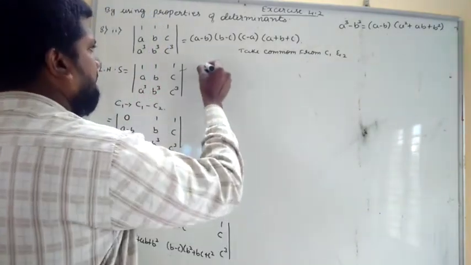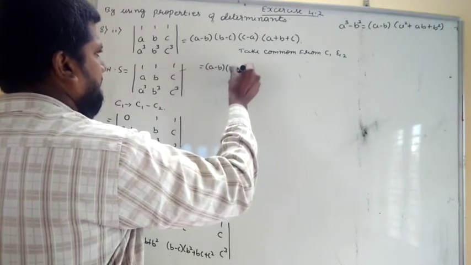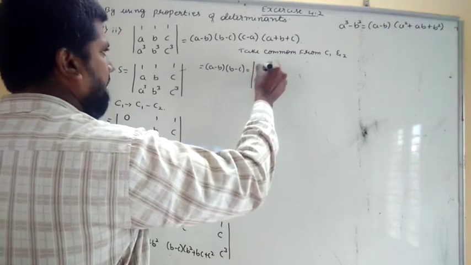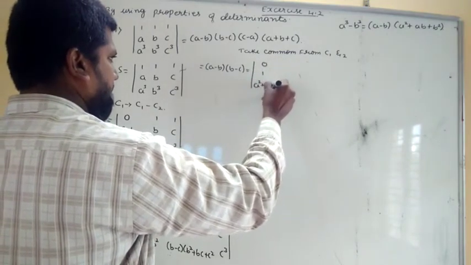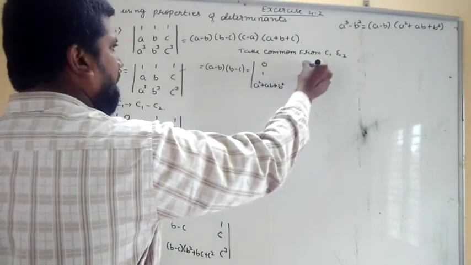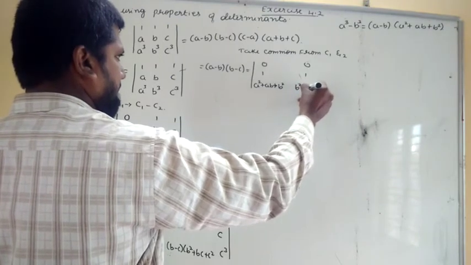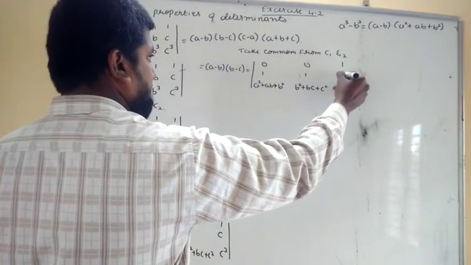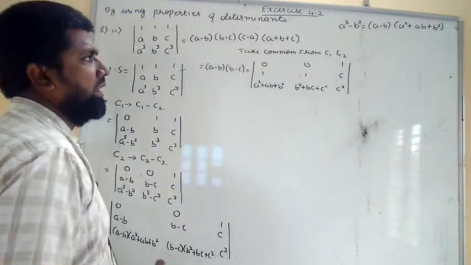So if you take common A minus B and B minus C, what is the remaining thing here? 0 0 1, then 1 A square plus AB plus B square, then 1 B square plus BC plus C square, then 1 C C cube. Now you can expand here.